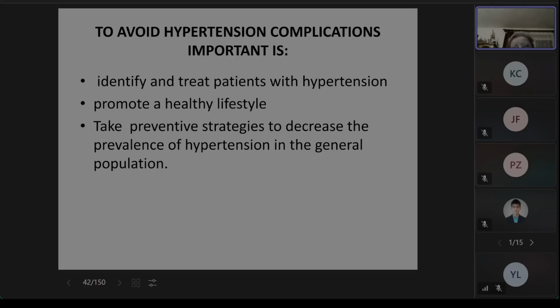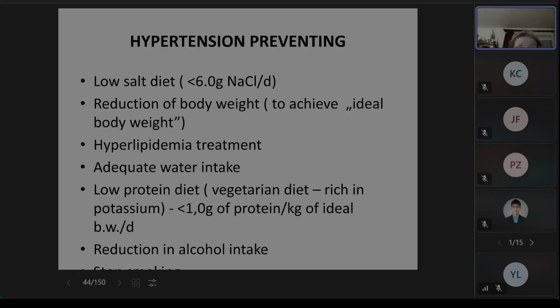Of course, it is very important to change the lifestyle of the patient suffering from hypertension into a healthy type of lifestyle. It is also very important to reduce the prevalence of hypertension in the general population.